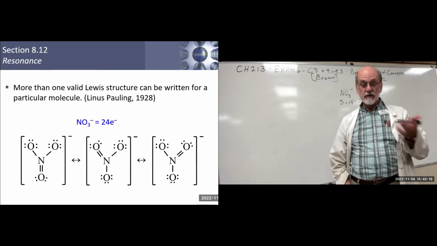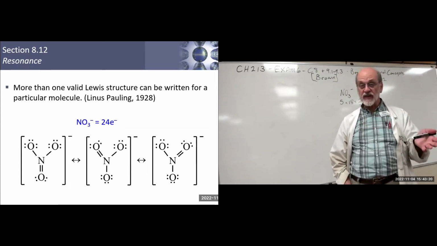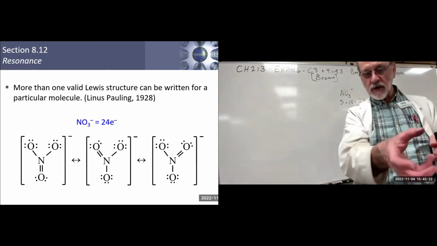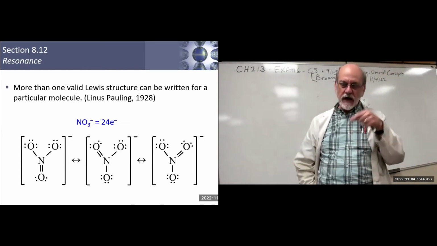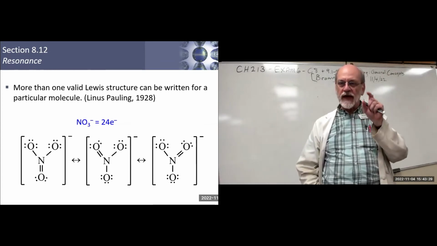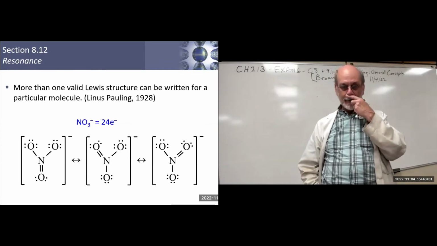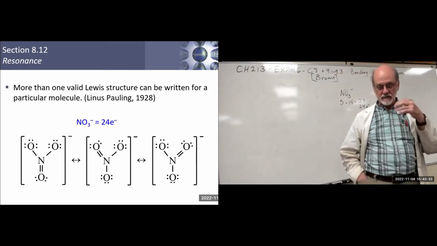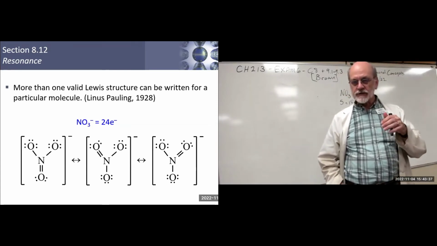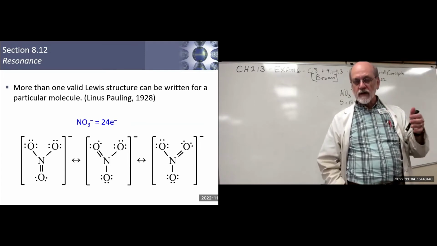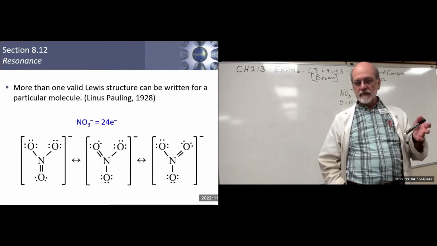In other words, if you didn't know where they came from, they would all look the same. All you have to do is rotate one of them, and it looks like the other one. But we know that the different oxygens were responsible for that double bond. So these are different representations. The problem is, as far as the Lewis model goes, they're all equivalent.